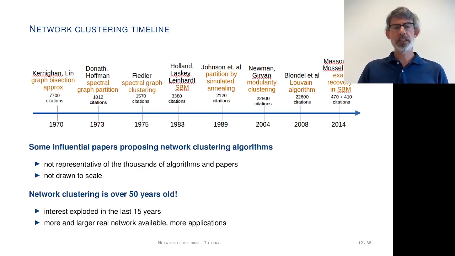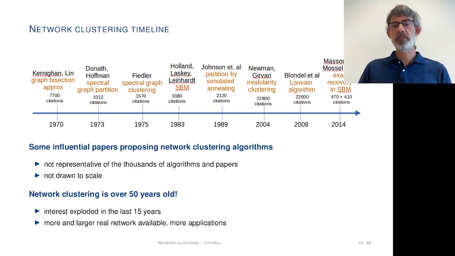In 1973 and 1975, we have a couple of papers by Donath and Hoffman and Fiedler proposing spectral graph clustering. In 1983, we have the proposal of the stochastic block model, something that we'll discuss here in part 3. We have a 1989 paper, Johnson et al., proposing finding clusters using simulated annealing, using MCMC methods.